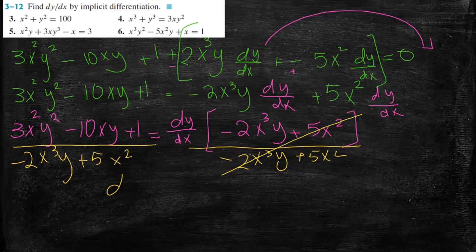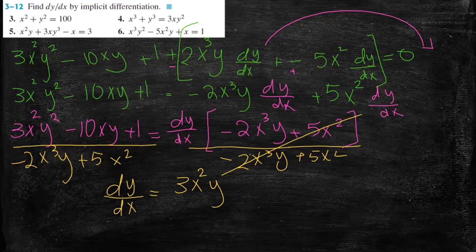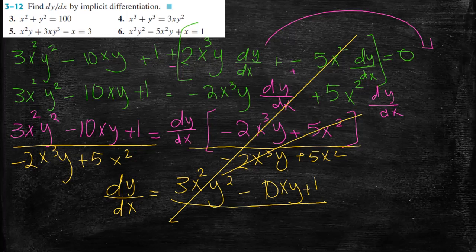So dy over dx is 3x squared y squared minus 10xy plus 1 over negative 2x cubed y plus 5x squared.